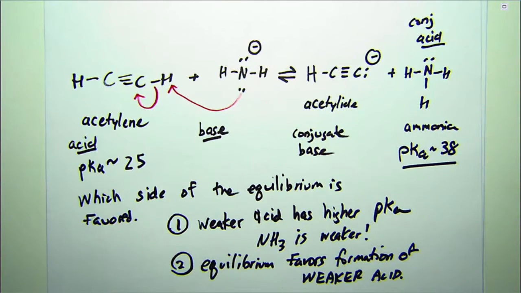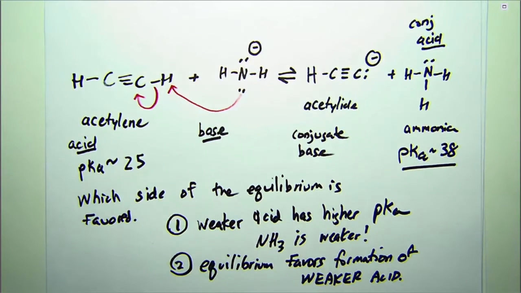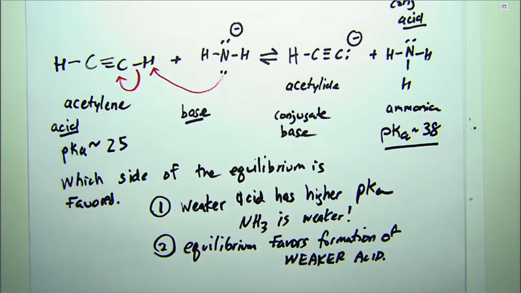And I'm going to go a little bit out of order from our textbook because I want to start with what I think is one of the most important effects, and we already talked about this last time, and this is the resonance effect. So if you ever have a system that can have resonance stabilization, this effect is going to win out.